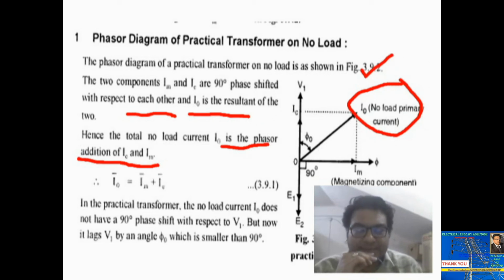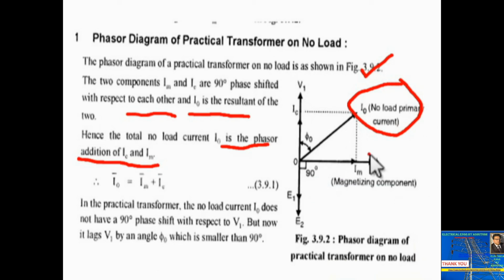Then guys, what happens now? See, after the completion of this part, now this magnetizing current will induce flux. So flux भी इसी axis पर share किया जाएगा. See here guys, the flux will share the same axis, and then because this is alternating flux, there will be induced EMF.